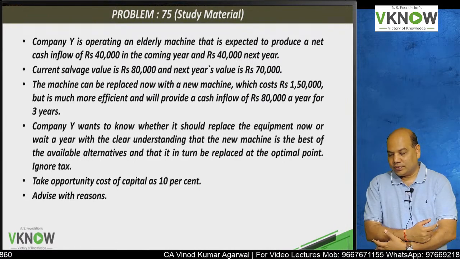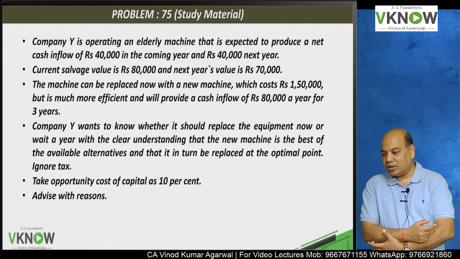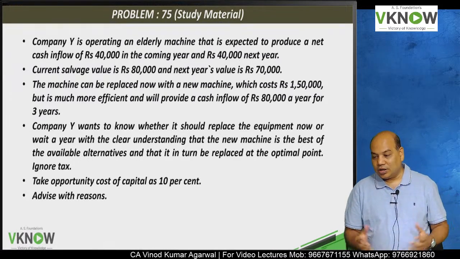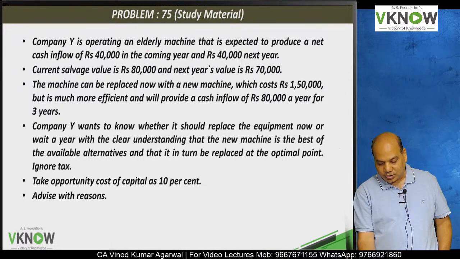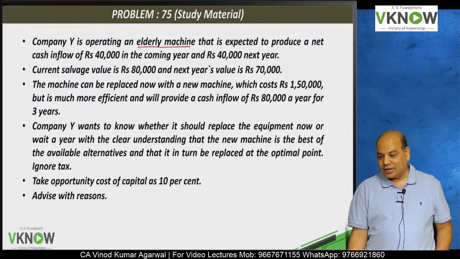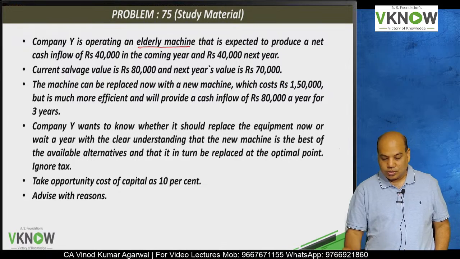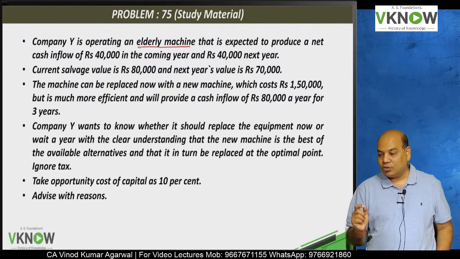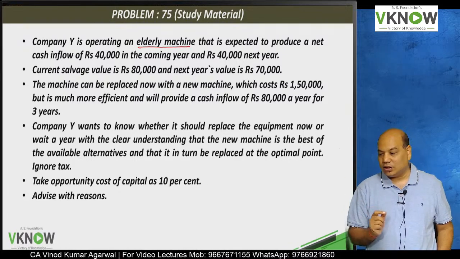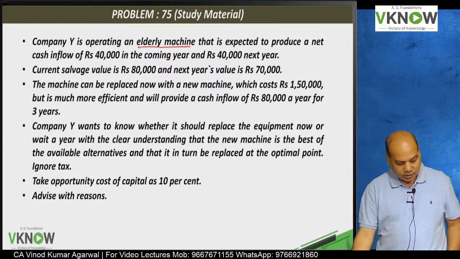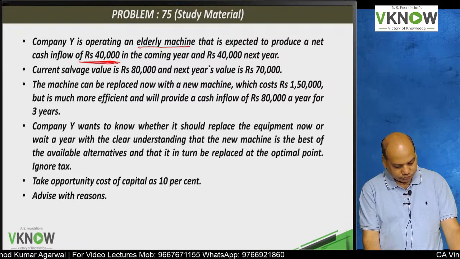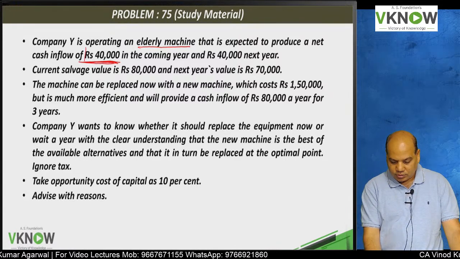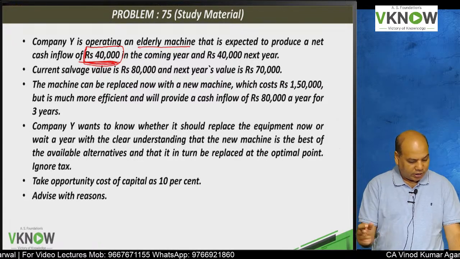Company Y is operating an elderly machine. Elderly machine means old machine, that is expected to produce a net cash inflow of rupees 40,000 in the coming year. I think this 40,000 is not printed. Please write it in the book if not printed; if printed, then ignore.